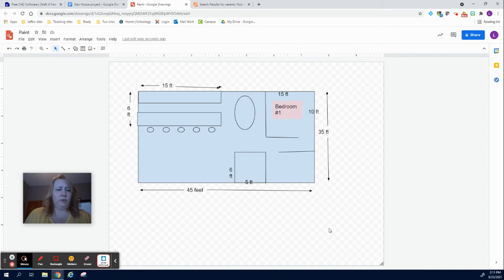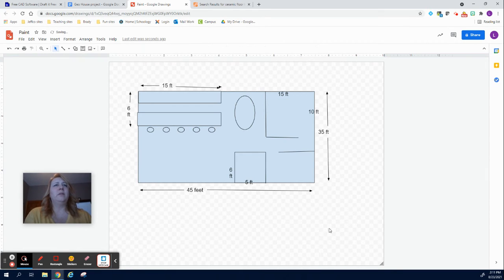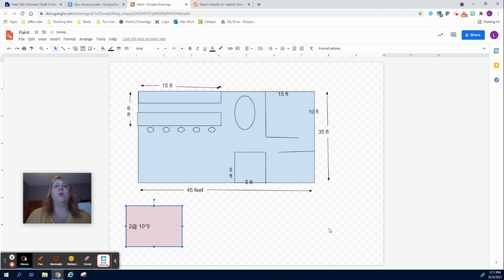Now I am going to look at the walls. Picture yourself standing inside the bedroom looking at the walls. Two of the walls will be 10 feet long and 9 feet high. So 9 feet is the ceiling height.